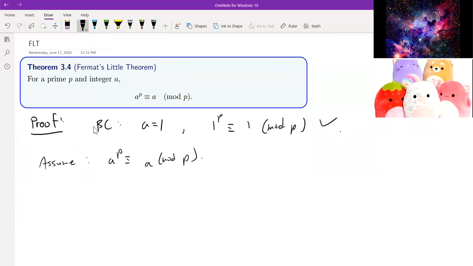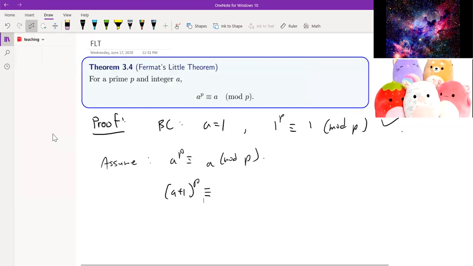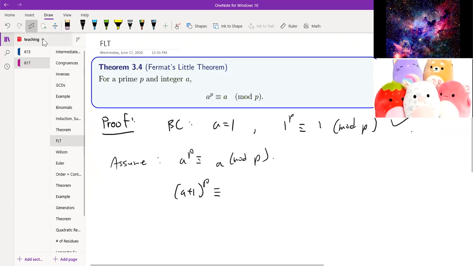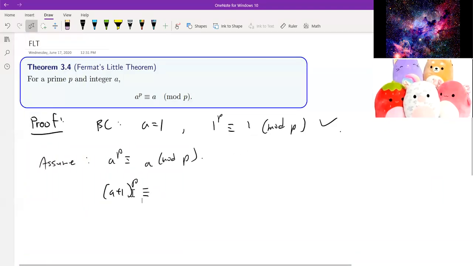Now, I'm going to prove that (a+1)^p is congruent to a+1 mod p, and then we're done. So how we're going to do that is we're going to look at (a+1)^p, and we're going to use that previous theorem we had, either the longer version, or this version right here. But either way, we have that this expression is just congruent to a^p + 1^p, which is just 1.